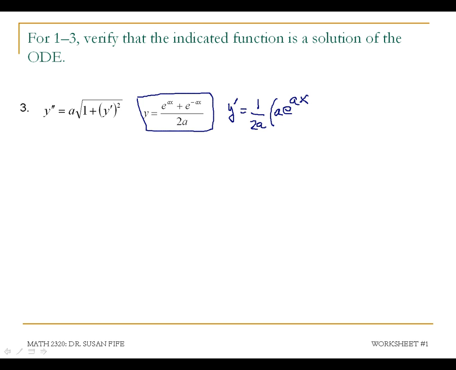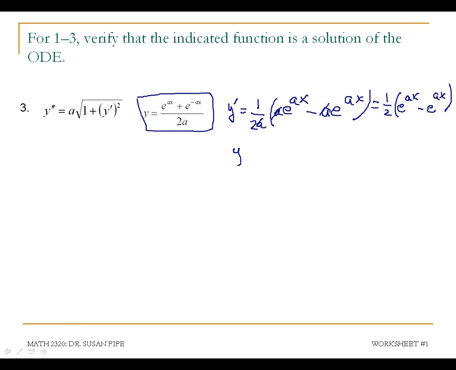And for the second term, the derivative of e to the negative ax, you bring down that negative a, so you get minus a e to the negative ax. Because I have an a in the denominator and these two a's in the numerator, all these a's will cancel out. It gives me 1/2 e to the ax minus e to the negative ax.